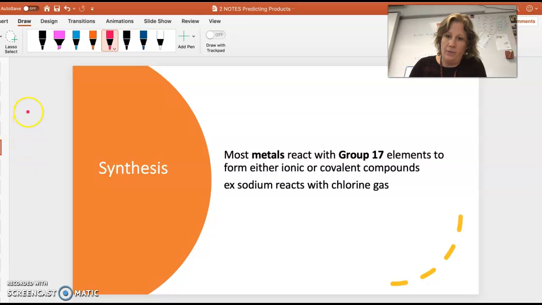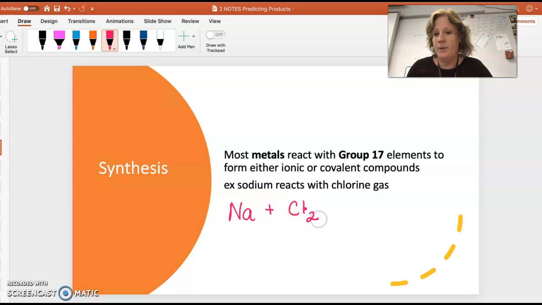The metals will also react with group 17 elements to form ionic or covalent compounds. I can't think of when it would be a covalent, but let's just do the one I have. So sodium can react with chlorine gas. So remember, this is a Brinkelhoff. Group 17 are a big part of the Brinkelhoff.